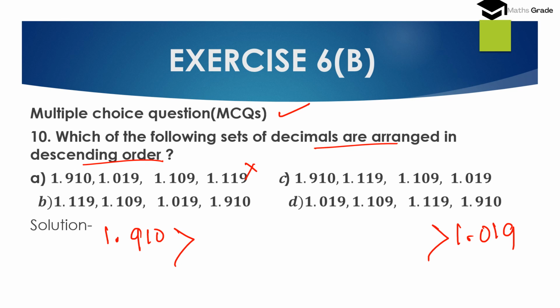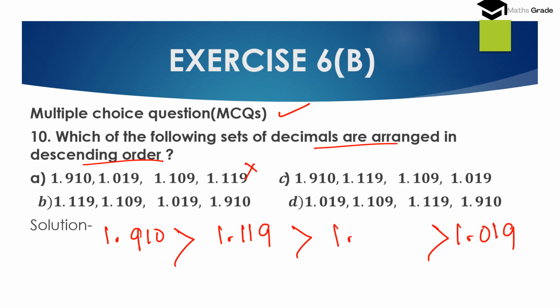But 1.109 and 1.119, we have to compare these two decimals. 1 is in the 10th place, 1 is in the 10th place. Then move to the 100th place. Here 0 is in the 100th place, but here 1 is in the 100th place. So 1.119 is the largest decimal after 1.910.